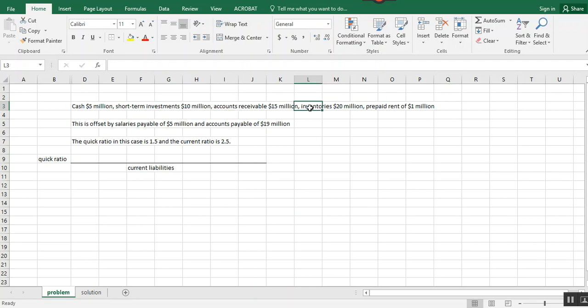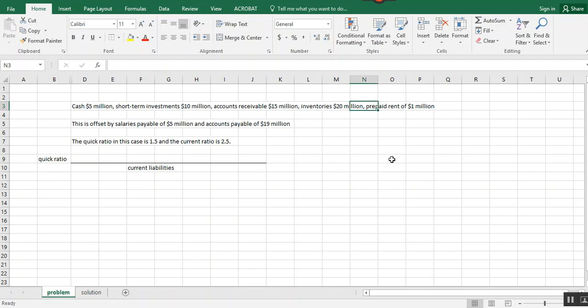Now remember, I just said inventories does not go up here. Inventory is a current asset and it does involve the current ratio, but we're talking about the quick ratio, so inventory won't be party to this. It's a distractor.